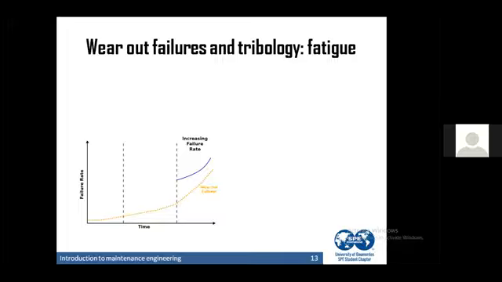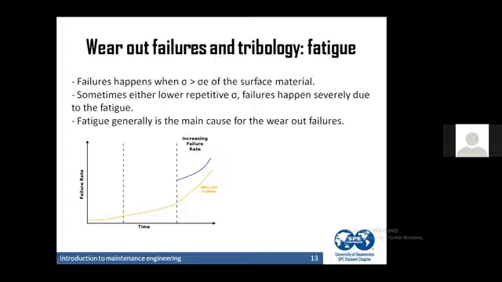Fatigue is one type of tribological problem. It happens when we have repetitive low stress on our materials. Generally, failure happens on the equipment when we have local stress higher than the elastic limit of the surface materials.